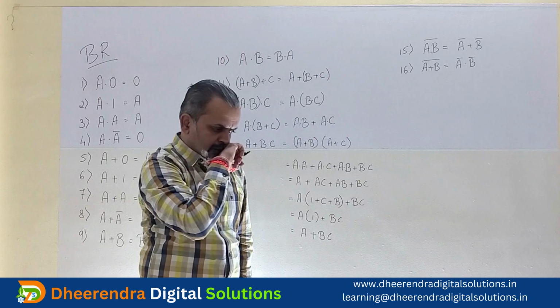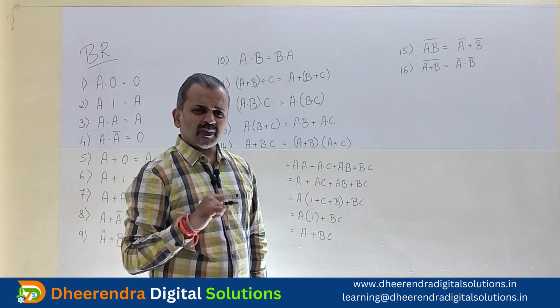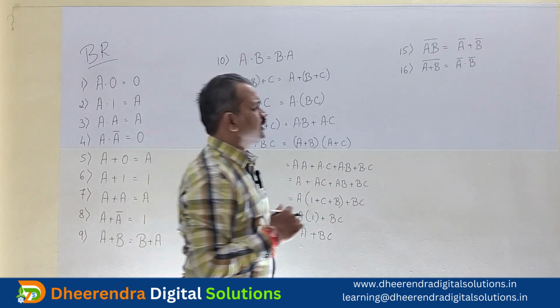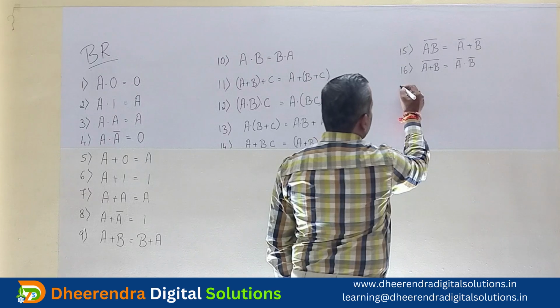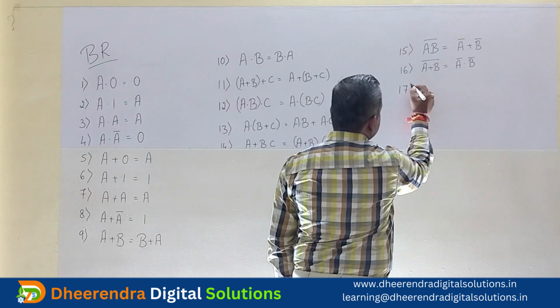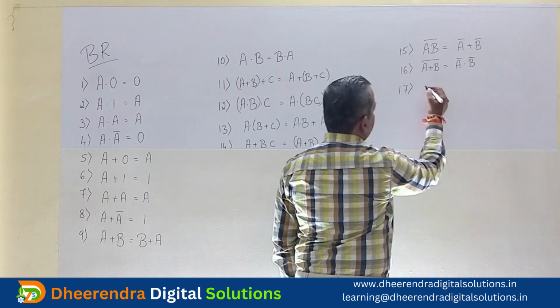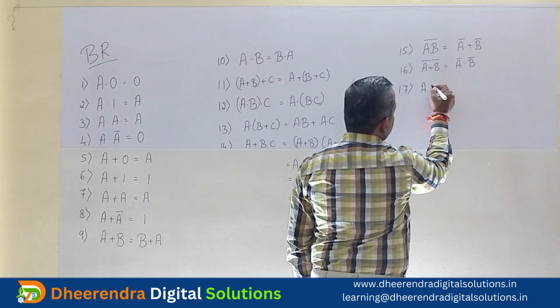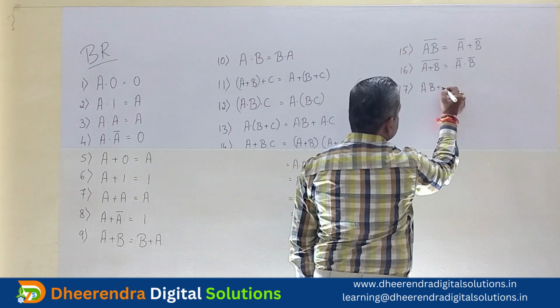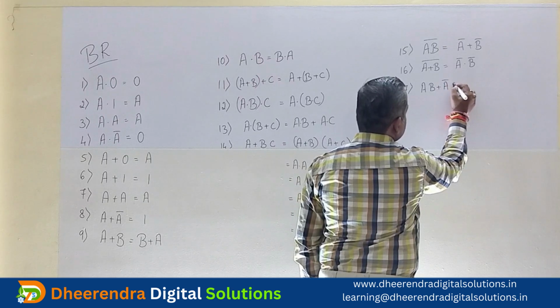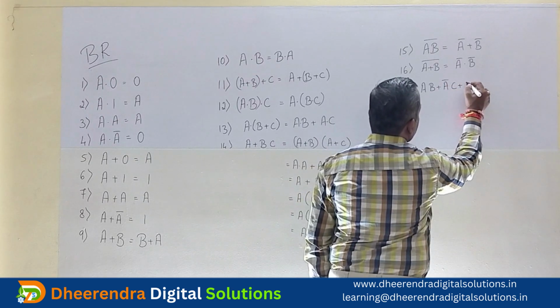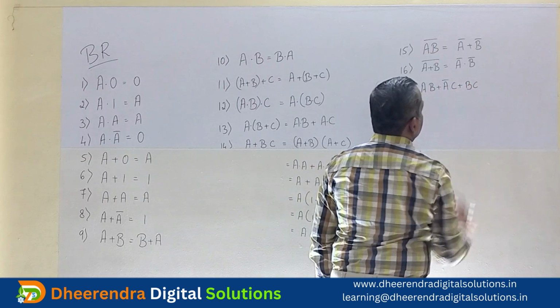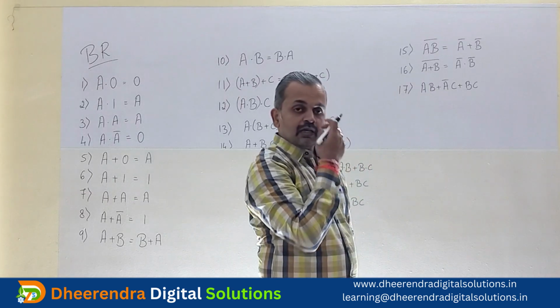Now there is one more very important rule that we need to look at. Now this is called as the Shannon's theorem, wherein, say for example, I have a term AB plus A bar C plus BC.